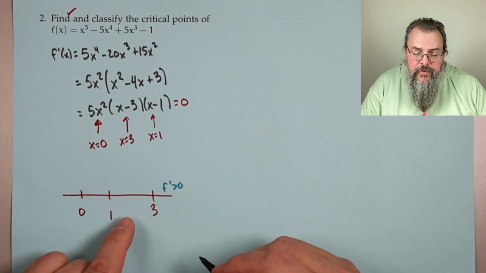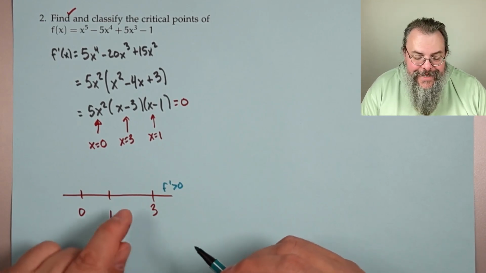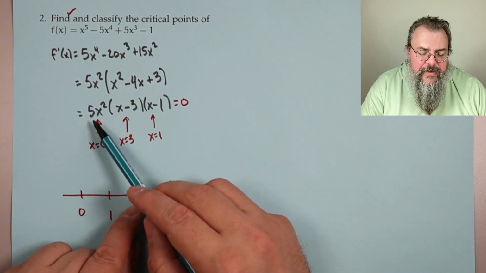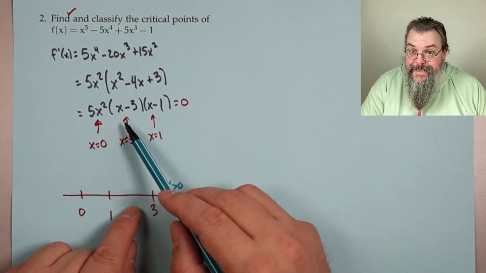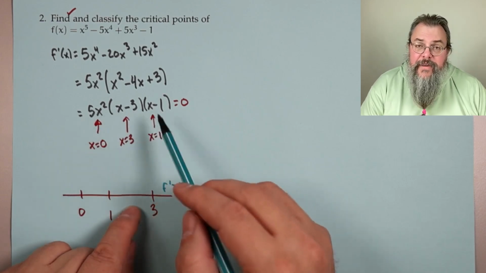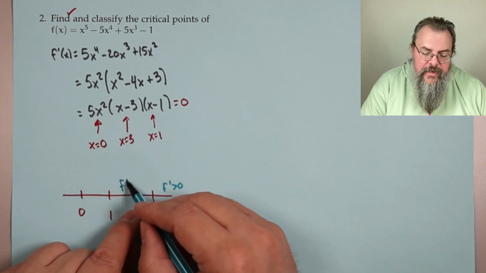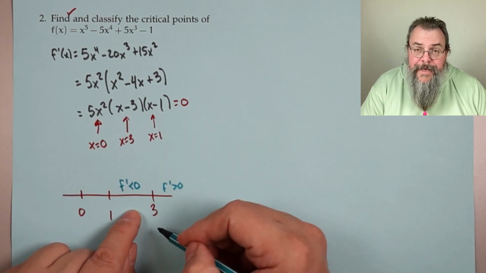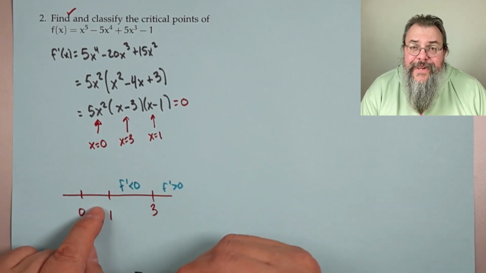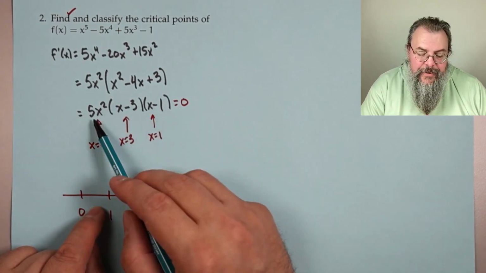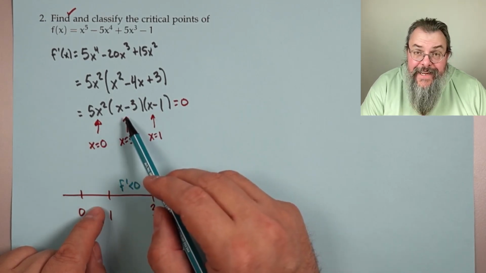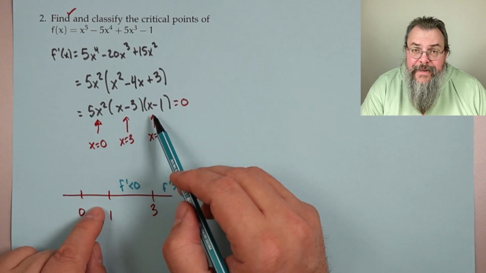Okay, from 1 to 3, let's use 2. 2 squared is positive. 5 is positive as well. 2 minus 3 is negative. 2 minus 1 is positive. So positive, negative, positive. All together, a negative is coming out. Between 0 and 1, I'll split the difference, a half. A half squared is positive. A half minus 3 is negative. A half minus 1 is negative.